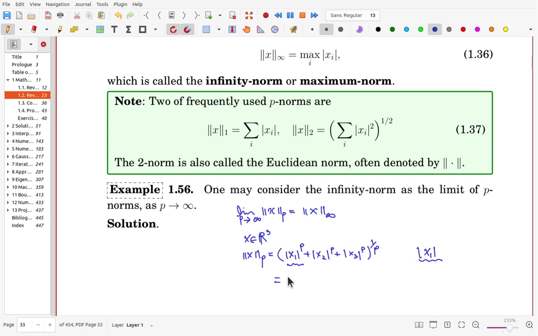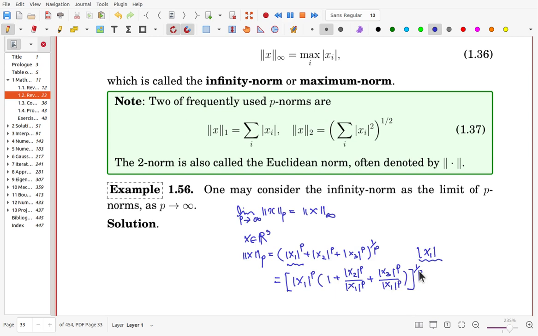Let's factor out x1, so the p norm becomes |x1| times (1 + |x2|^p / |x1|^p + |x3|^p / |x1|^p)^(1/p), right?